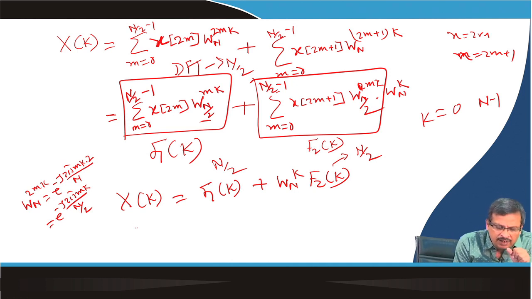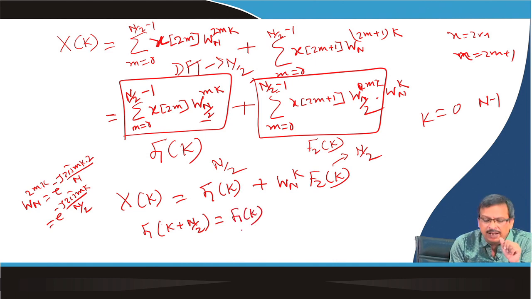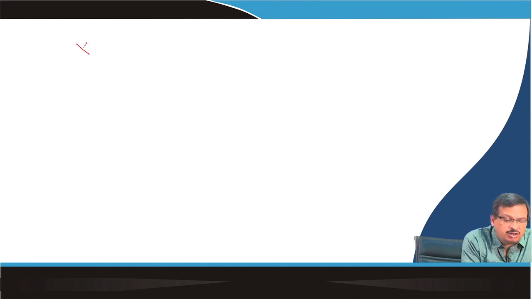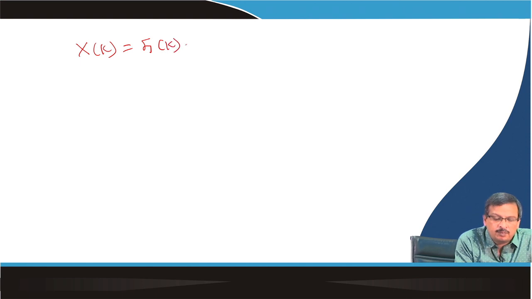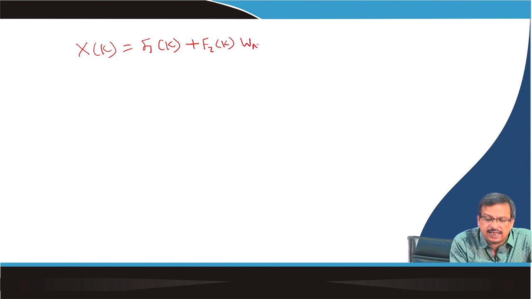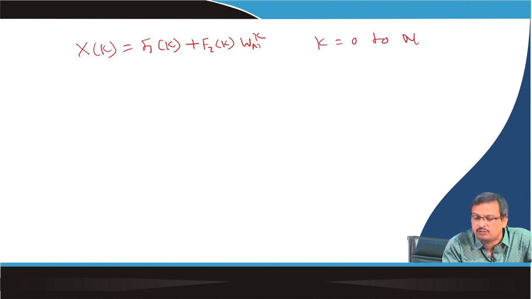So, I can say F1(k plus N/2) is nothing but F1(k). Similarly, F2(k plus N/2) is nothing but F2(k). So, X(k) is equal to F1(k) plus F2(k) into W_N^k for k equal to 0 to N/2.